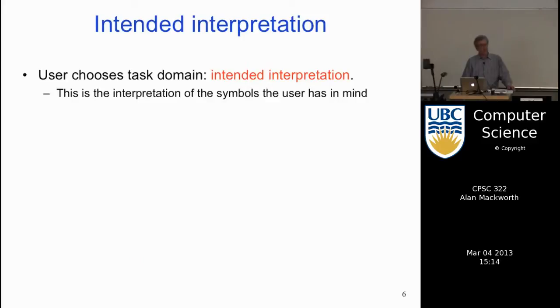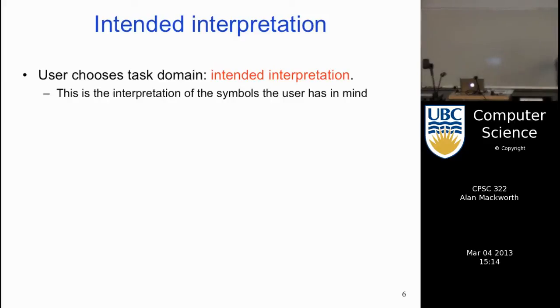Okay, so there's this idea of intended interpretation. That's imposed by you, the user. You're looking at this theory from the outside, and you're saying, I really want this world to be the case. So you're choosing the task domain, and that's the interpretation of the symbols the user has in mind. The computer doesn't know what these symbols mean yet. It is raining doesn't have any meaning to the computer.